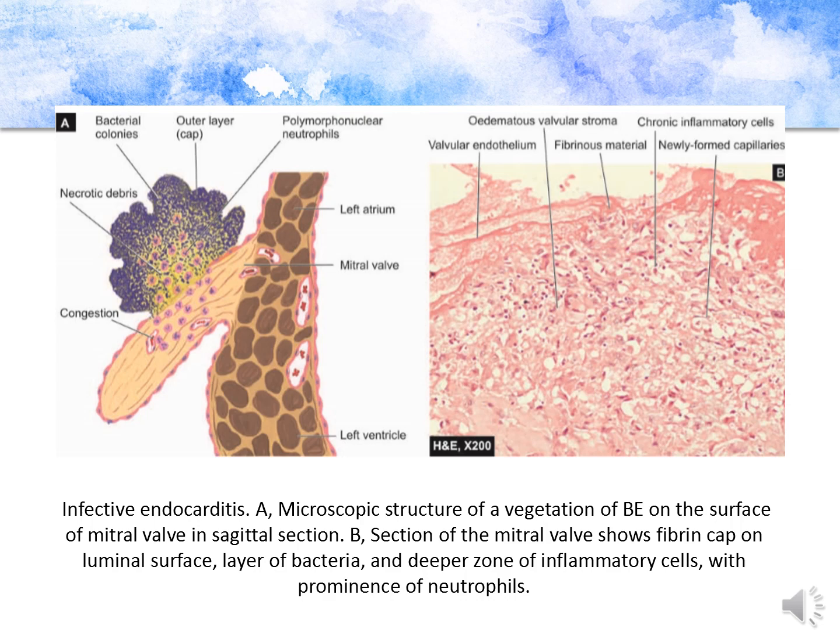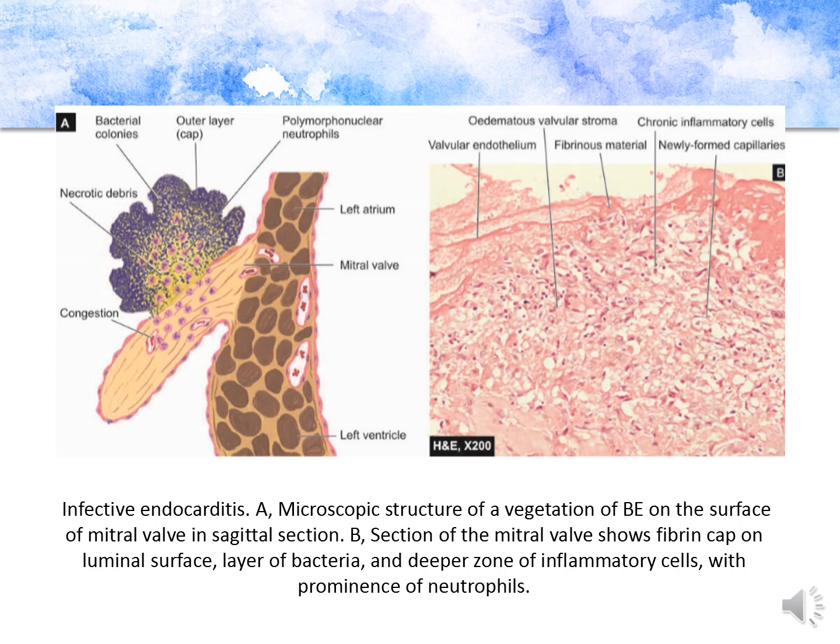And here under the microscope we see the endothelial damage, the fibrinous material. Also, we see the chronic inflammatory cells, edema within the valvular stroma, and newly formed capillaries.